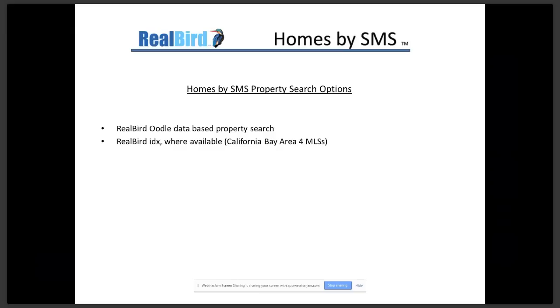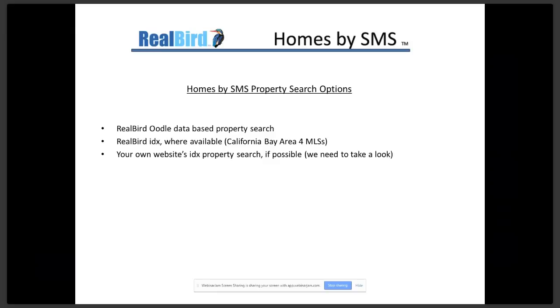But we can hook it up to an IDX here where we are, or if you have an IDX property search on your website, we can take a look at it.